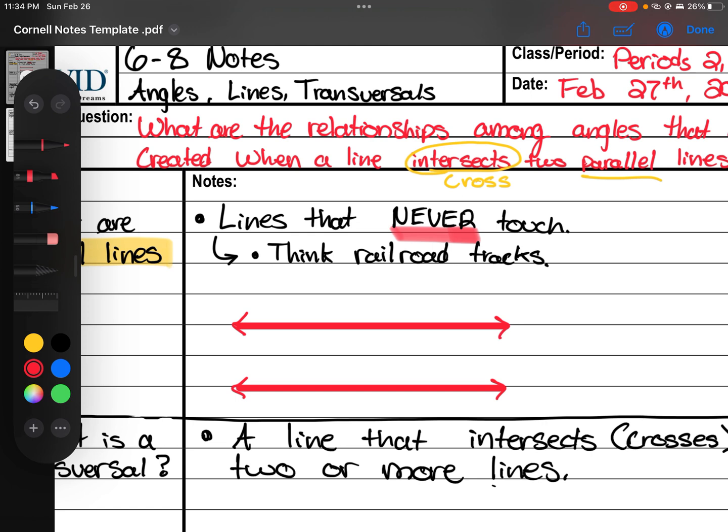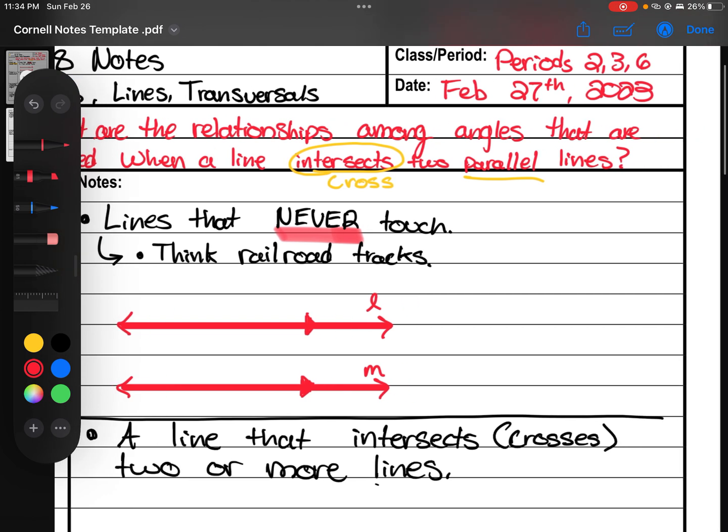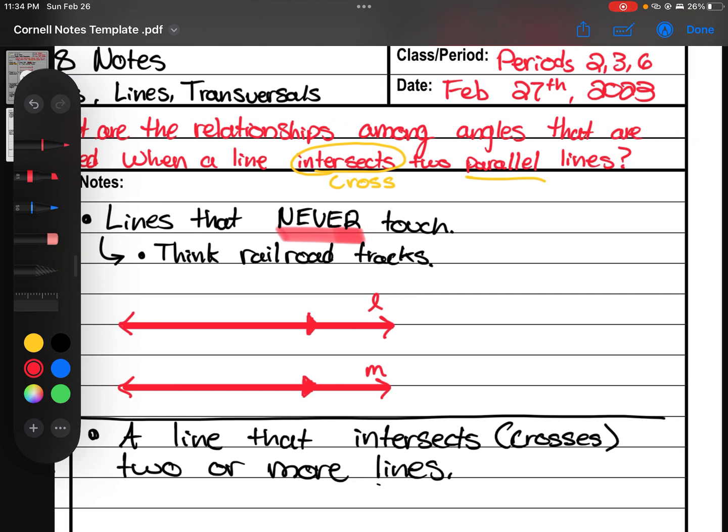The way we describe a parallel line is we write a little symbol on it. It's like a little arrow. So that way we know that these lines are never going to touch. I'm going to call this line L. And I'm going to call this line M, and I want you to do the same thing on your page. So the way we can write that these lines are parallel to each other is line L is parallel to line M. And I want you to notice this symbol that I just wrote on here.